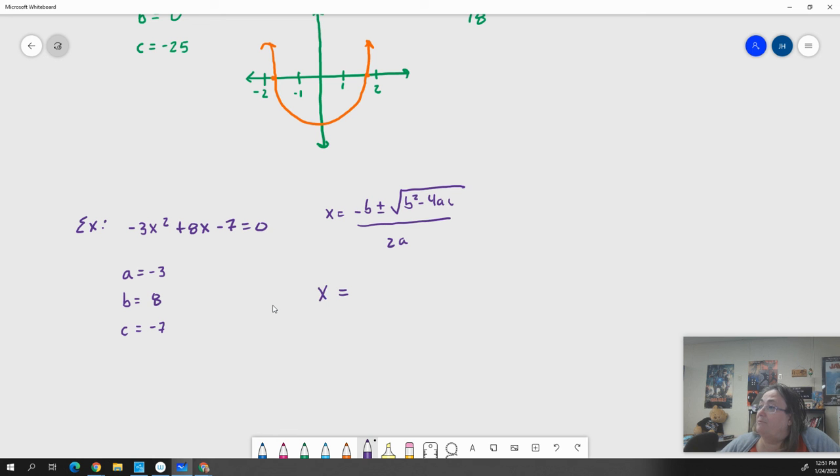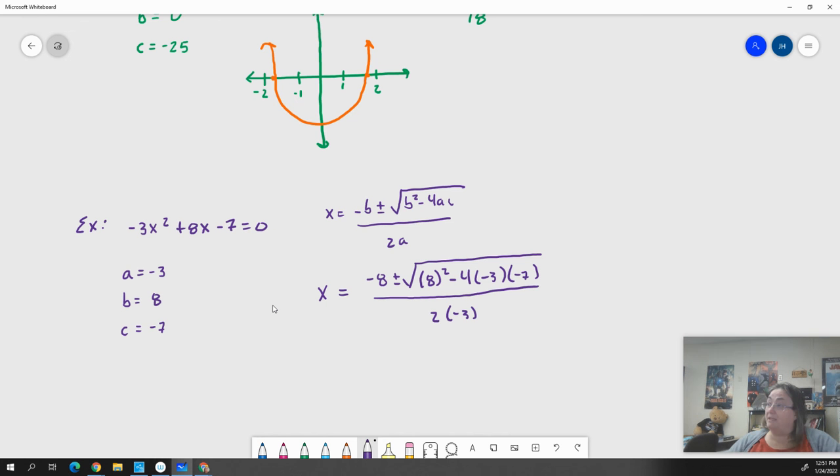Right, so we get x equals, well, minus b is just minus 8, plus or minus the square root of b squared. Well, that's just 8 squared, minus 4 times -3 times -7, all over 2 times a, which is 2 times -3.